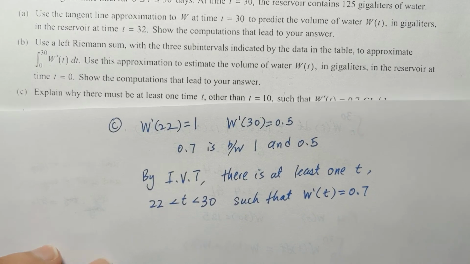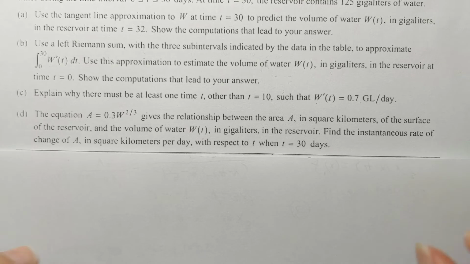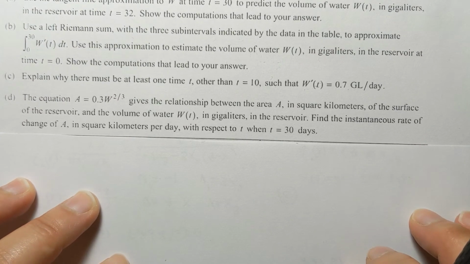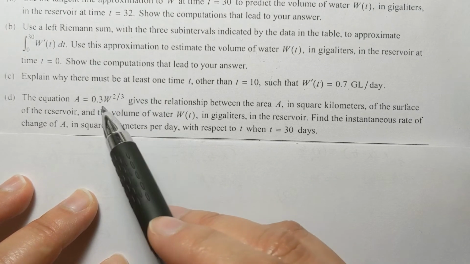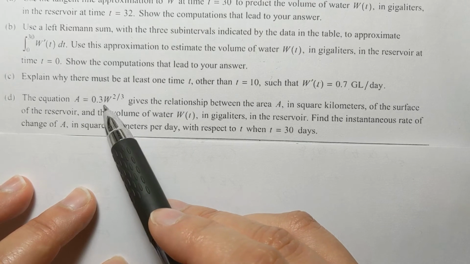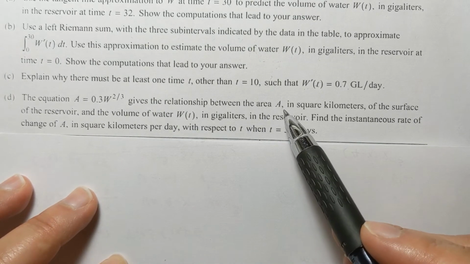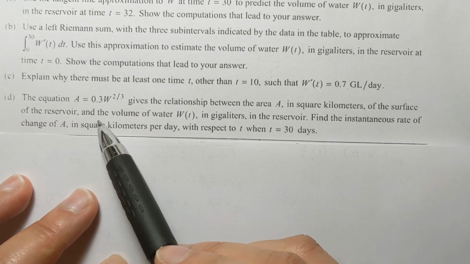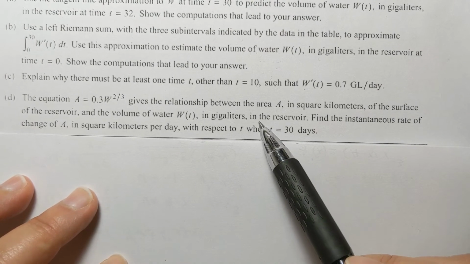Okay, so now let's go to part D. The question said that the equation A equals 0.3 W to the 2/3 gives the relation between the area A in square kilometers of the surface of the reservoir and the volume of the water W(t) in gigaliters in the reservoir.